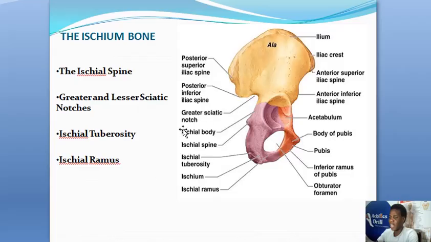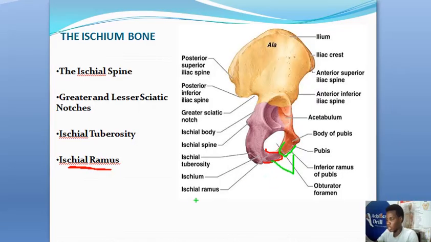Now, lastly, we have this important ischial ramus. When you hear the word ramus in anatomy, a ramus is simply an extension from the body. So we have the ischial ramus right there, which is an extension from the ischial bone. We even have the pubic ramus. The pubic ramus is this structure, the inferior pubic ramus. We'll get there when we get to the anatomy of the pubis. The ischial ramus together with the inferior pubic ramus give rise to a structure called the ischiopubic ramus.